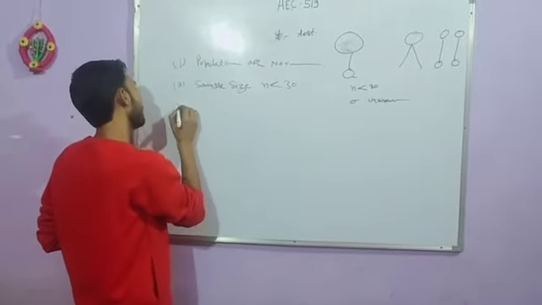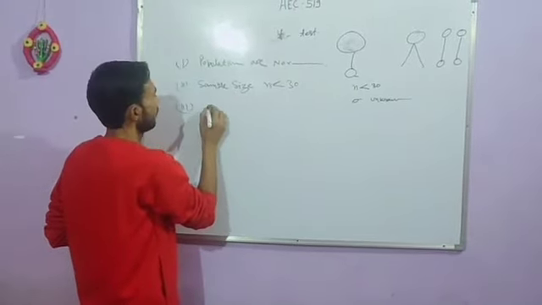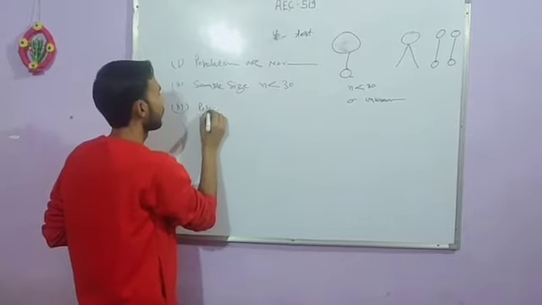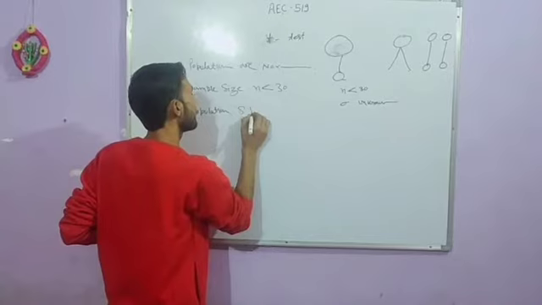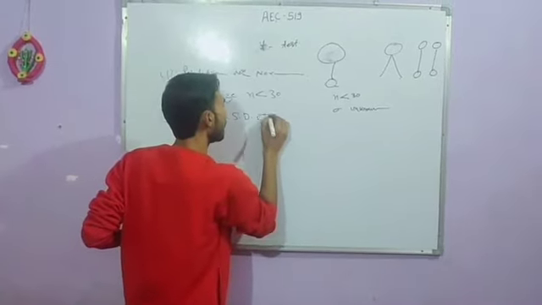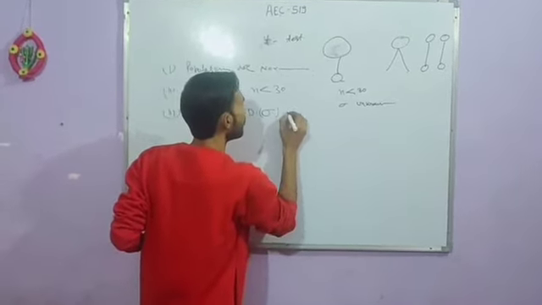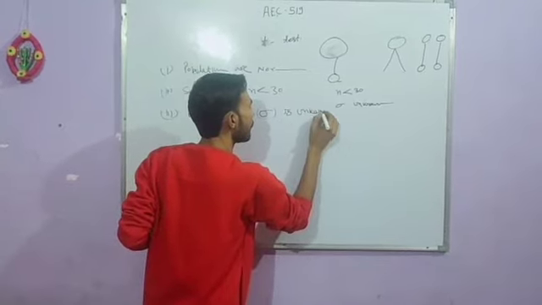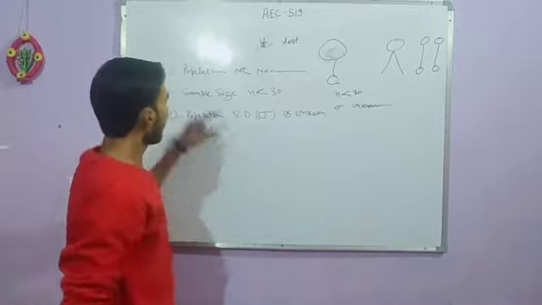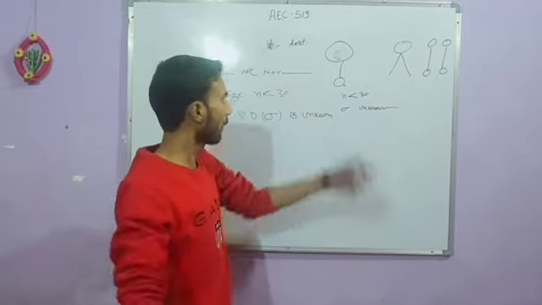And the third assumption of the t-test is that the population standard deviation sigma is unknown. There are three assumptions of the t-test.